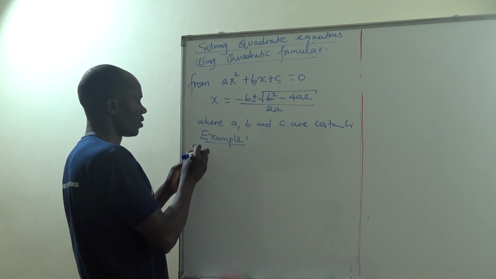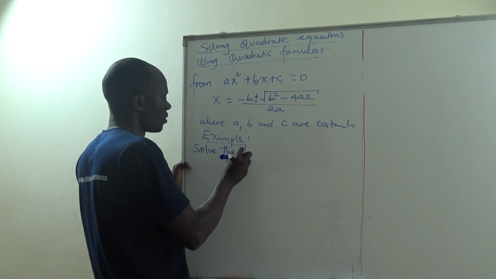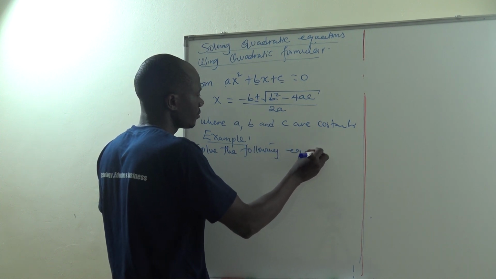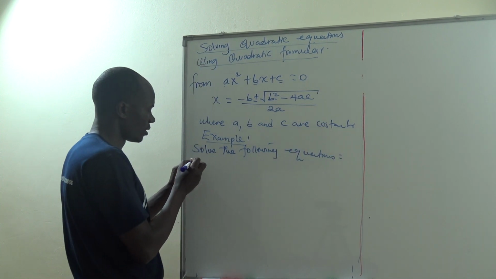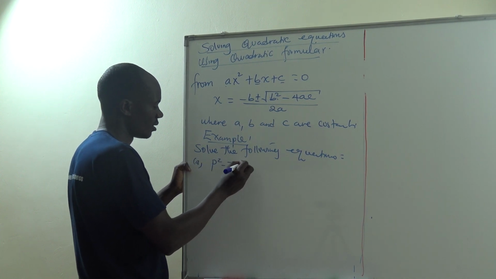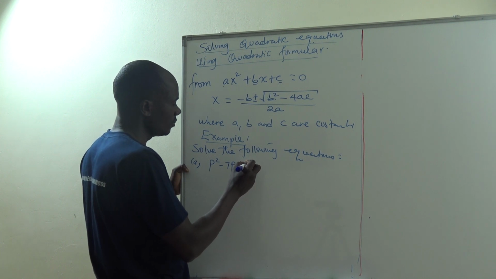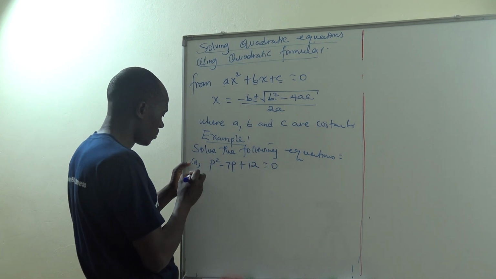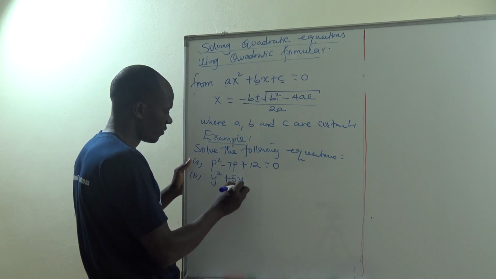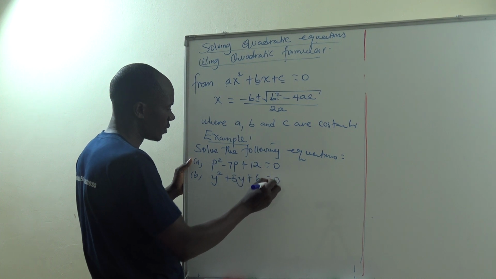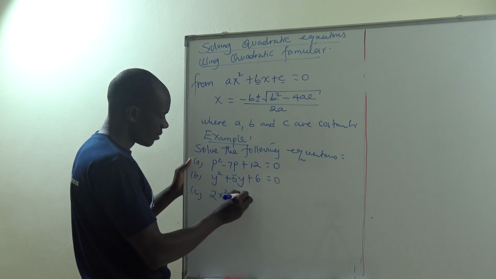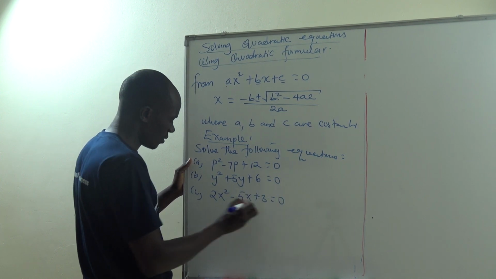Example 1. Solve the following equations. Part A, p squared minus 7p plus 12 equals 0. Part B, y squared plus 5y plus 6 equals 0. Part C, 2x squared minus 5x plus 3 equals 0.